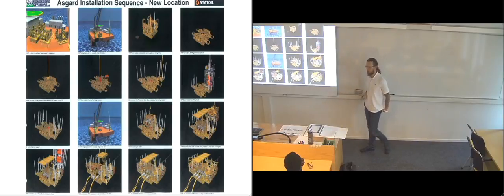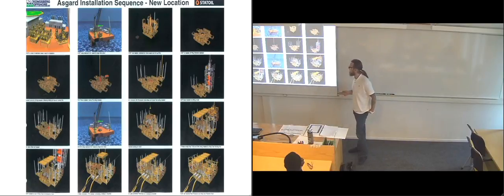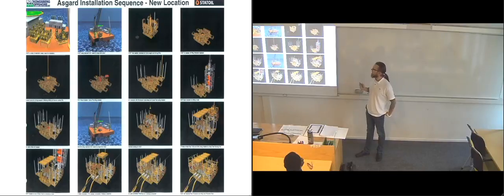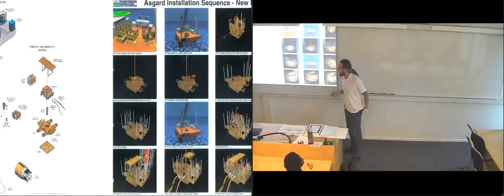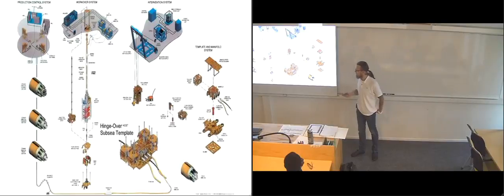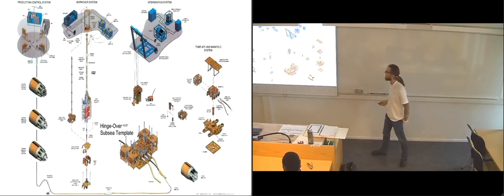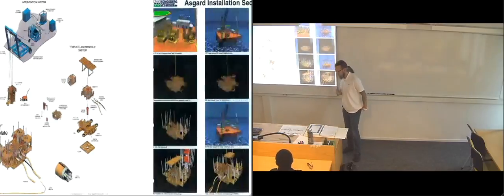So that's why it's called a hinge over subsea template. I remember there was an abbreviation linked to this, but I couldn't really remember what the words were. So we got that one.